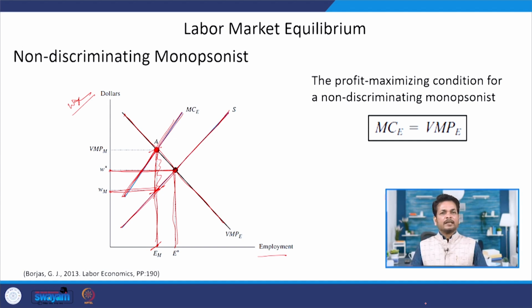Further, the second property is that the monopsonist wage, which is WM, is less than the competitive wage rate, which is W star. As I said, this is less than the value of the worker's marginal product, BMPM. So, in a monopsony, workers are paid less than their value of marginal product of labor. In this sense, they are exploited.